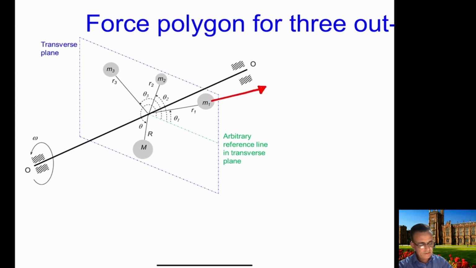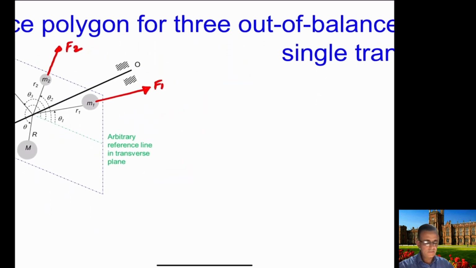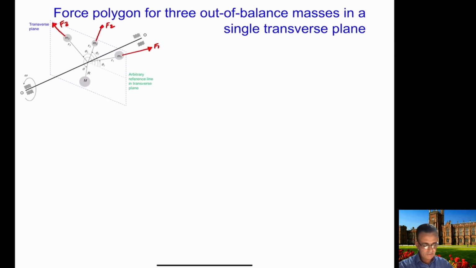So this is the centrifugal force of this m1, so you can call this f1. Centrifugal force of this m2 will be in this direction, which is f2, and centrifugal force of this 3 mass will be in this direction here.